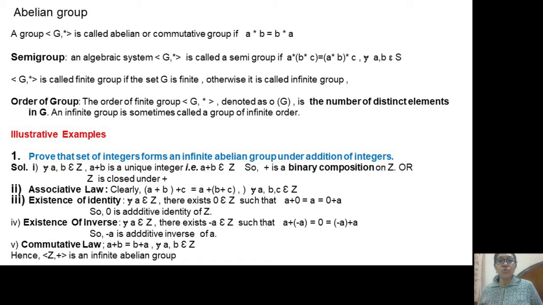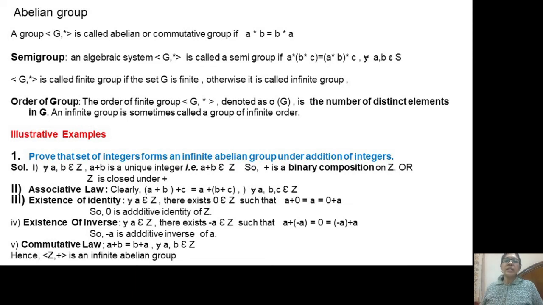Let us now do one example to make things clear. In this example we have to prove that the set of integers forms an infinite abelian group under addition of integers. Under addition means the binary operation we are now taking is addition, and the non-empty set we are taking is the set of integers.